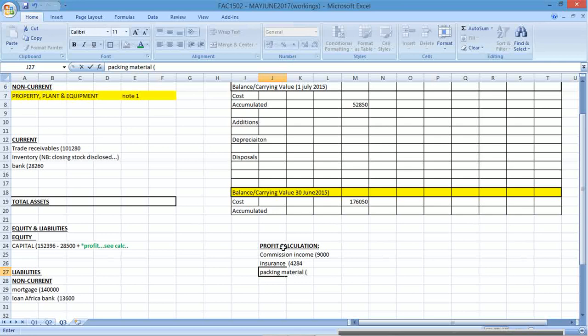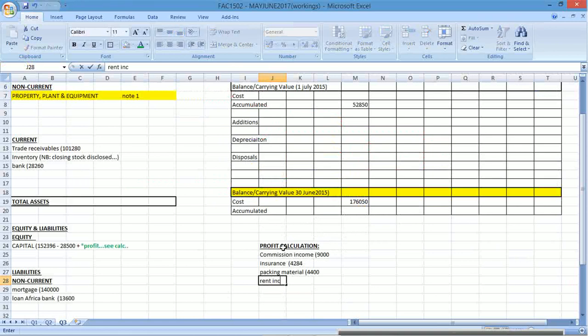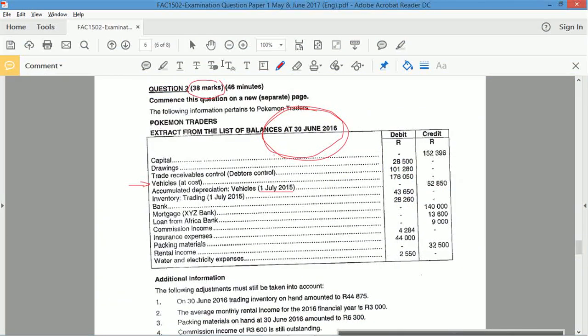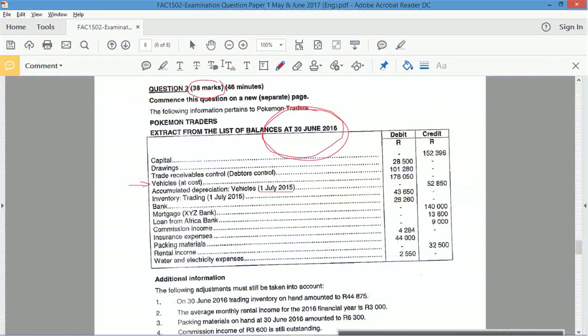What is it? 44,000. Rent income. 44,000. Sorry, mistake. Okay. Rent income. It's 32,500. And water and electricity. 2550. Great.